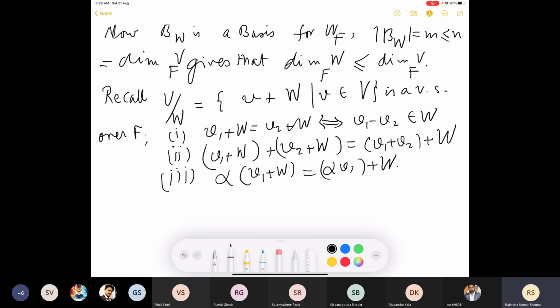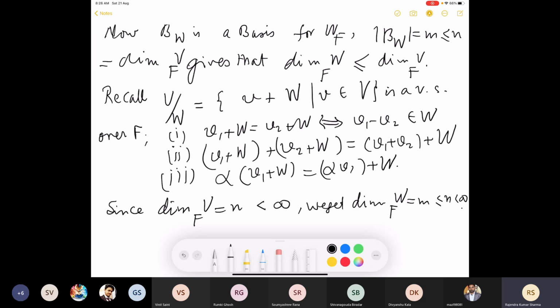We say that this is also finite dimensional, and we obtain a basis therefore for V by W. Since the dimension of V over F is n, which is finite, we get that the dimension of W over F, let us say m, is less than or equal to n and is also finite.